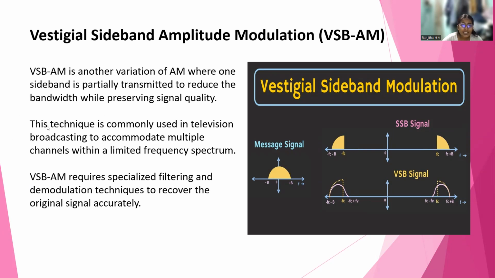This technique is commonly used in television broadcasting to accommodate multiple channels within a limited frequency spectrum. The VSB amplitude modulation requires specialized filtering and demodulation techniques to recover the original signal accurately.